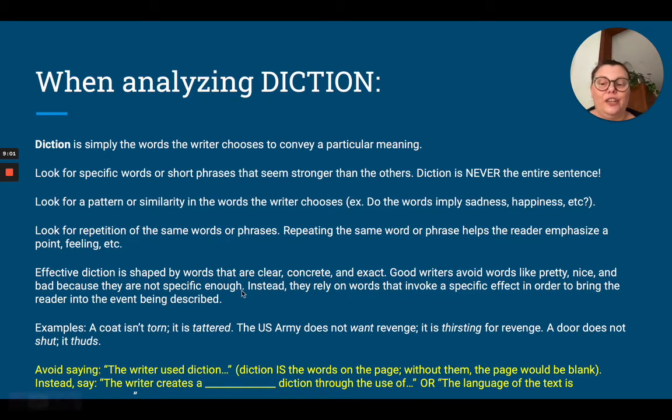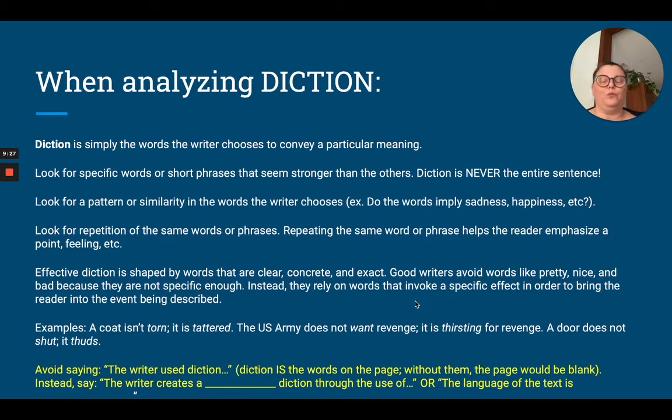Effective diction is shaped by words that are clear, concrete, and exact. They're not wishy-washy. Words like, they did a nice job, or they did a good job. Those are wishy-washy, okay? Yes, you're saying something nice, but they're not exact, okay? Good writers avoid words like pretty, nice, and bad because they are not specific enough.